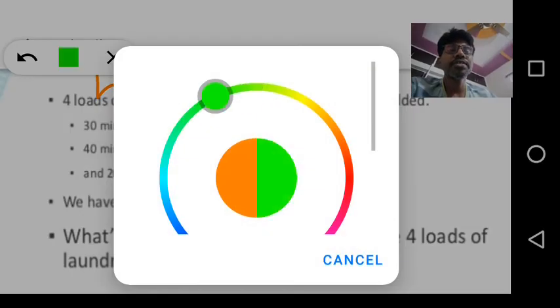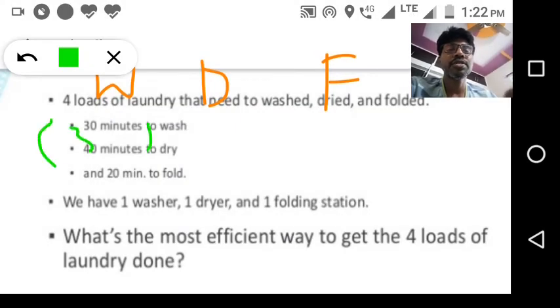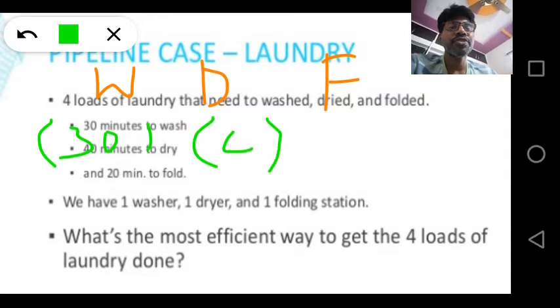Wash takes 30 minutes, dry takes 40 minutes and fold takes 20 minutes.